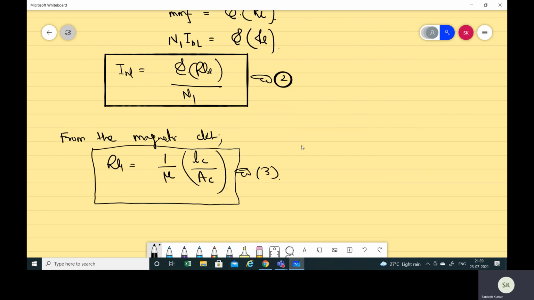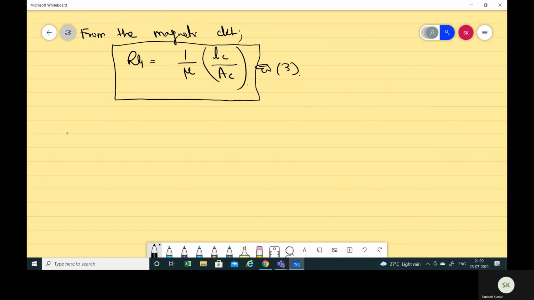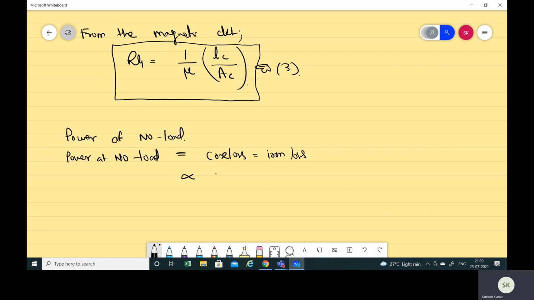Again, one more important concept at no load is power at no load. Power at no load is equal to the core loss or iron loss, which is proportional to the volume of the core.